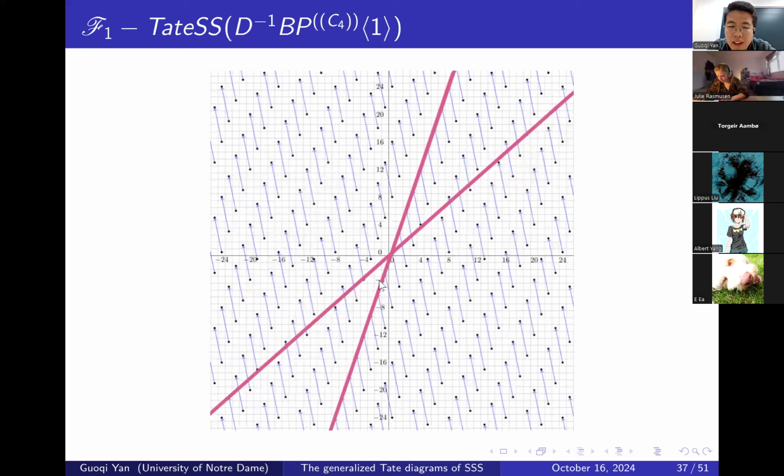If we compare this slice spectral sequence with the Tate spectral sequence, we will see that these blue differentials can be interpreted by the periodicity in the Tate spectral sequence. This Tate spectral sequence has periodicity along 2 directions. So actually the essential input is only one non-trivial differential.